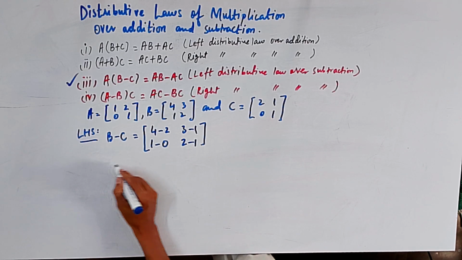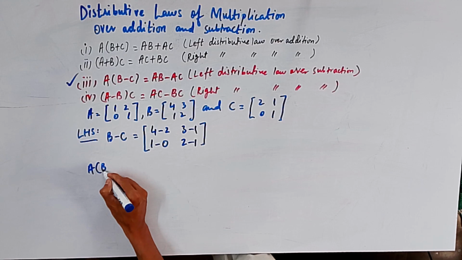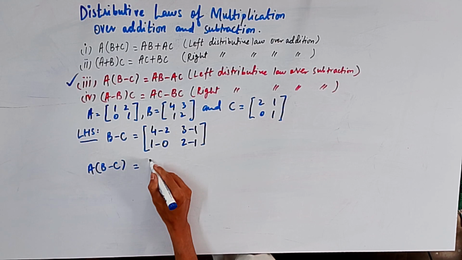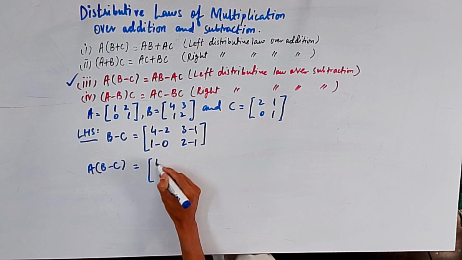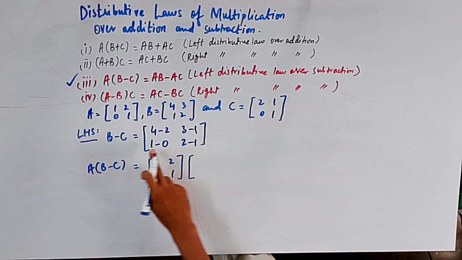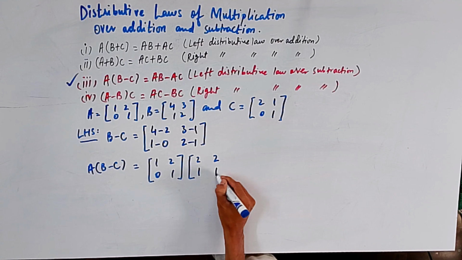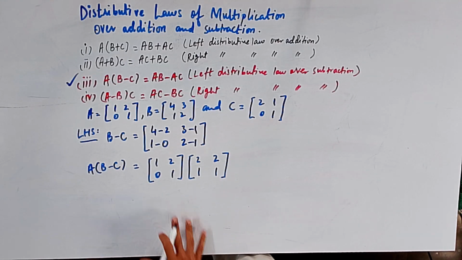So A(B minus C) means that A, which is [1 2; 0 1], multiplied by B minus C, which is [4 minus 2 = 2, 3 minus 1 = 2; 1 minus 0 = 1, 2 minus 1 = 1].